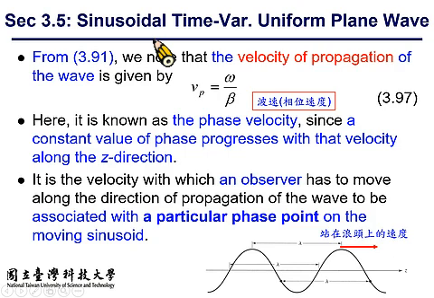And here Vp refers to the phase velocity. There are some subtle differences between propagation velocity, phase velocity, or group velocity. In fact, in electromagnetics, the velocity can be the so-called phase velocity, propagation velocity, group velocity, and so on. But for the meantime, phase velocity is easier to understand.